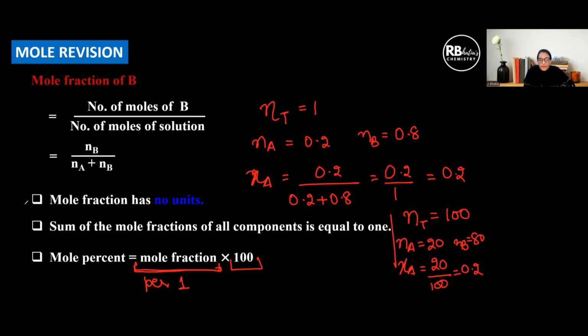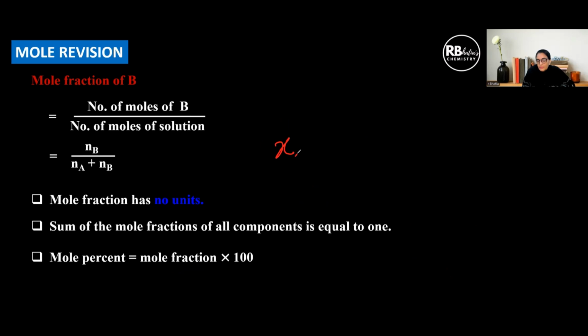Clear? So if I say the mole fraction of a component is 0.2, then its mole percent is going to be 0.2 into 100, that is 20, which means out of a total of 100 moles, the moles of A are 20.